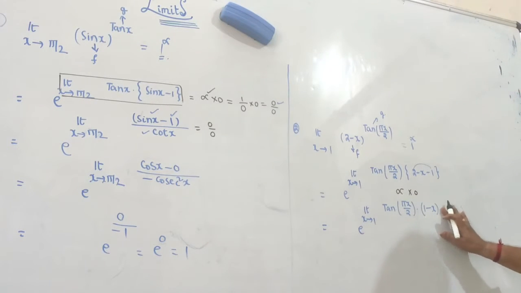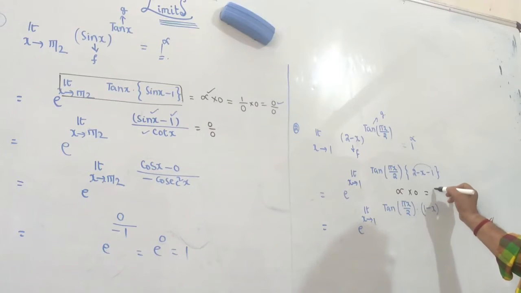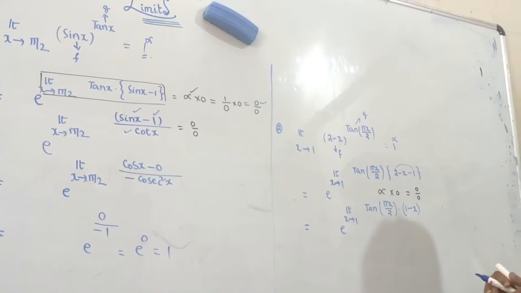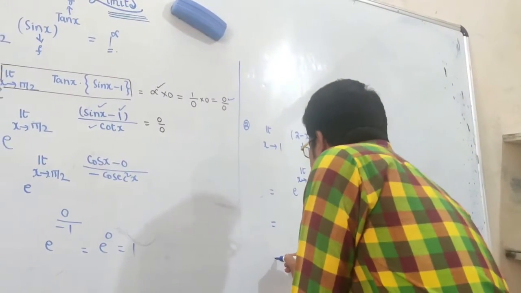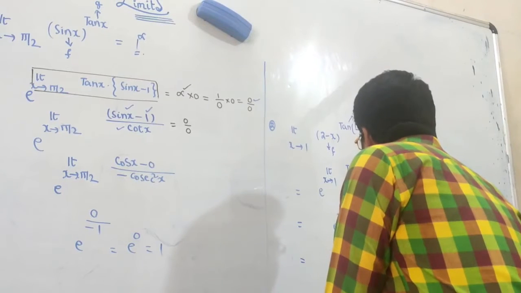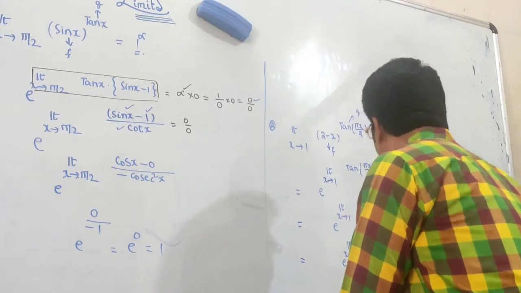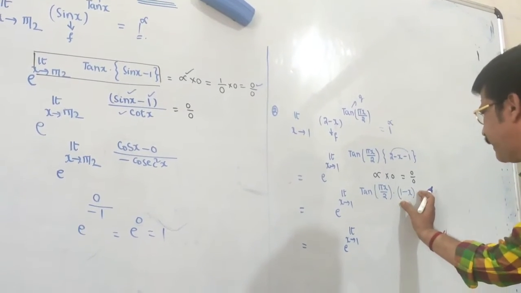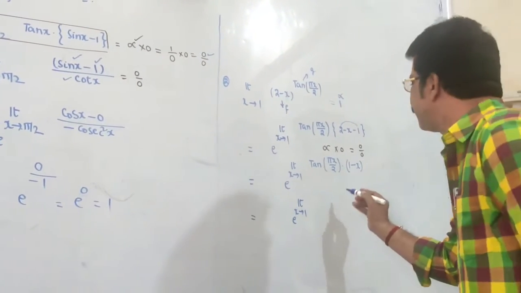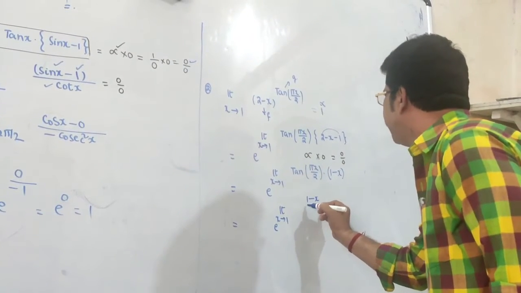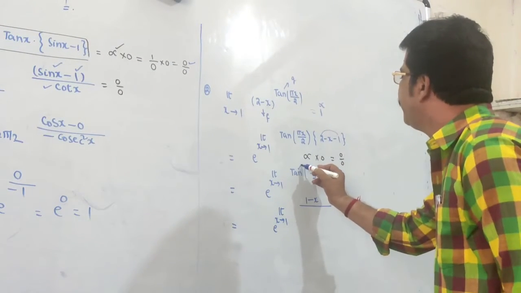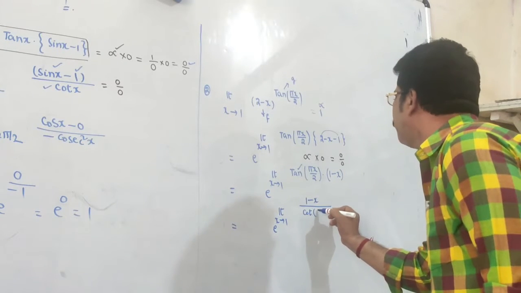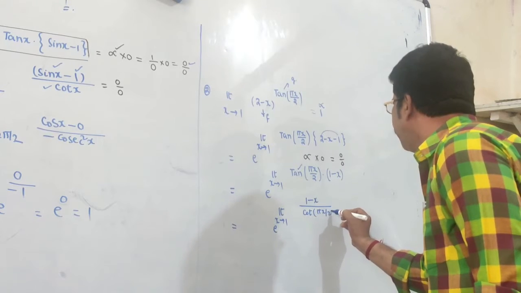So therefore we have to write it in the form of 0 by 0 on putting x equal to 1. That's why it can be written as limit x tends to 1, with 0 by 0 meaning 1 minus x, we cannot change this, so I put the same 1 minus x, divided by 1 by tan, which is cot of pi x by 2.